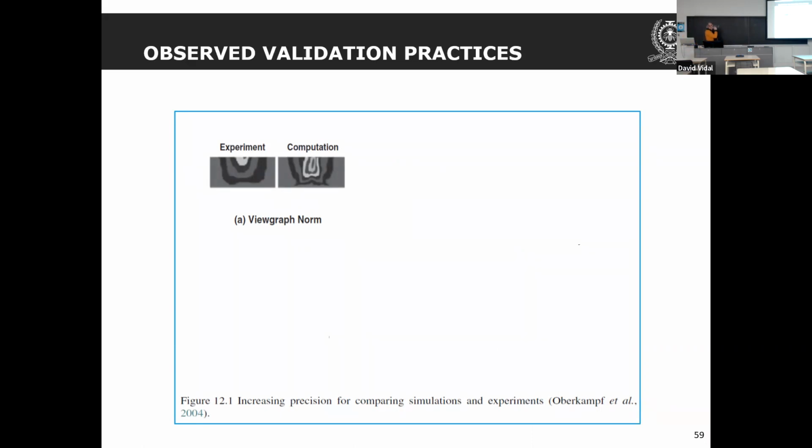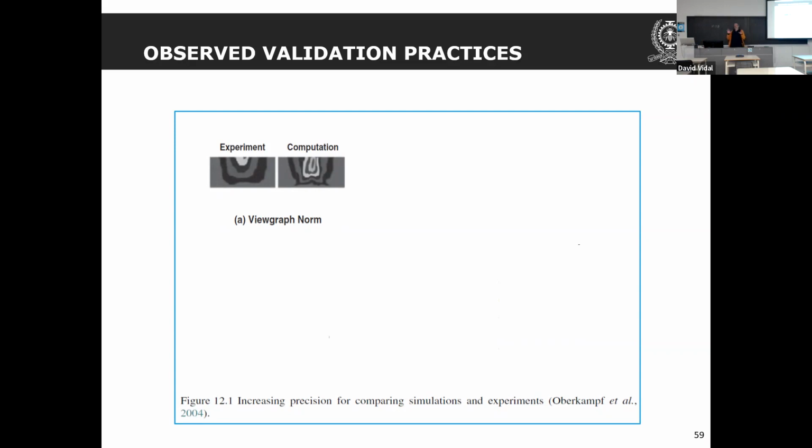First, let me show you what you see in the literature. When people are trying to do validation, a lot of the time they show a field, I don't know, a stress field or velocity field, and then they compare experiment and computation.